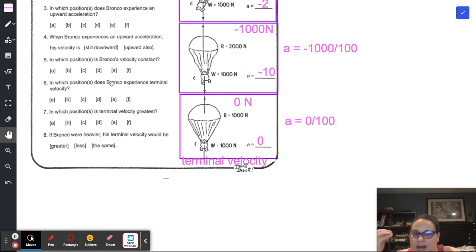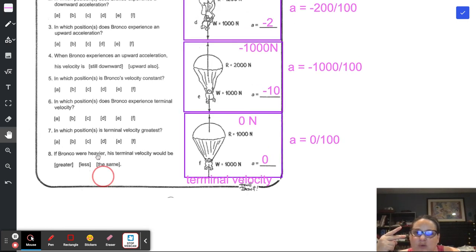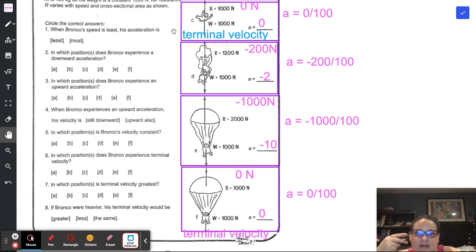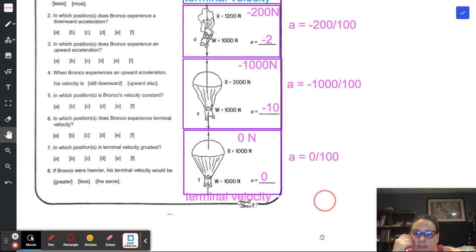Terminal velocity is maximum velocity, which also means 0 acceleration. Number 7, in which position is terminal velocity the greatest? There are 2 times when he has terminal velocity, and it's asking in which one he is going the fastest. Is his terminal velocity faster when he's falling with his parachute closed, or when his parachute is open?